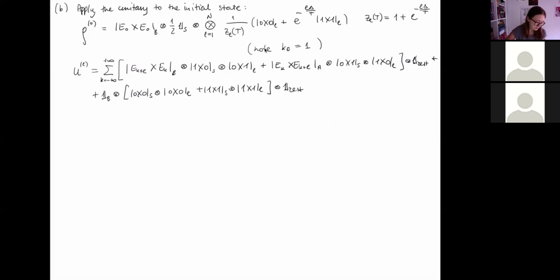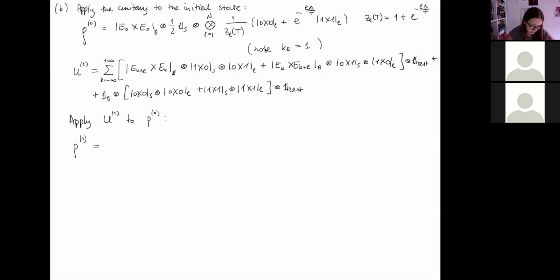Okay, so let us apply U1 to rho 0 and see what is the joint state of all these three systems: the battery, qubit S, and the heat bath after the application of the first unitary.